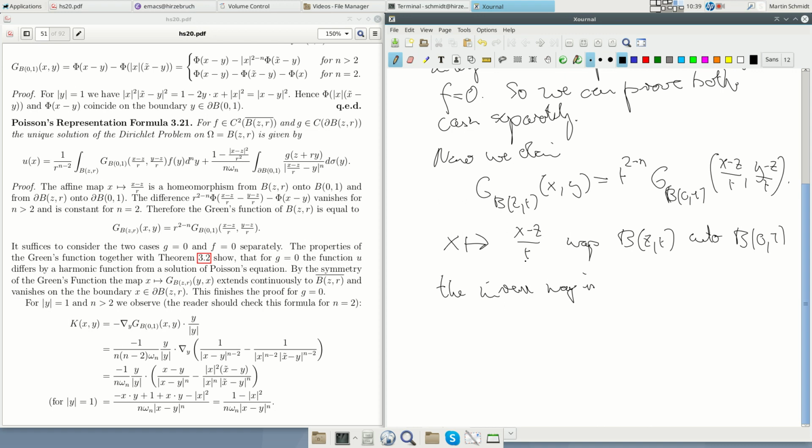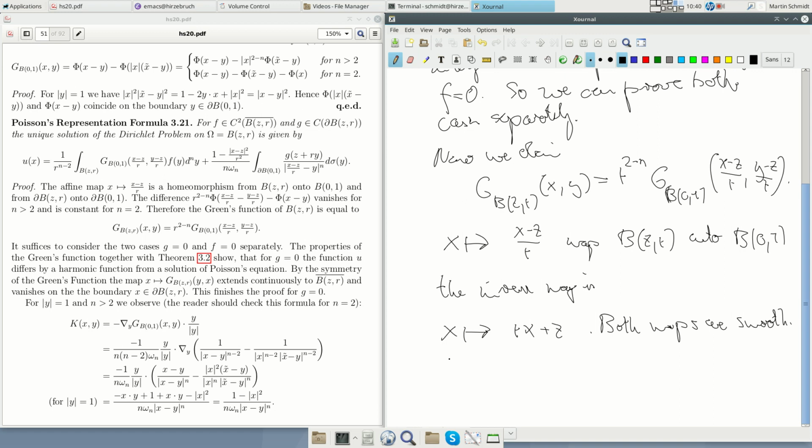Now we want to solve this for x, then we have x goes over to r times x plus z. Yeah, and both maps are smooth, so it's a diffeomorphism.